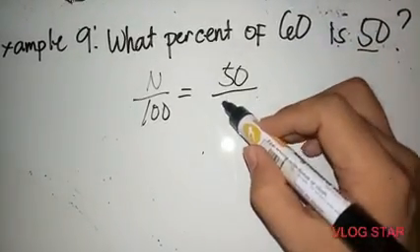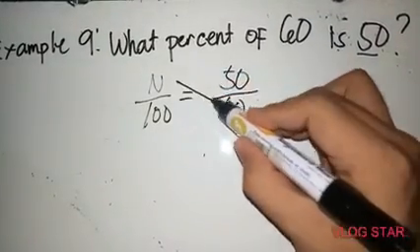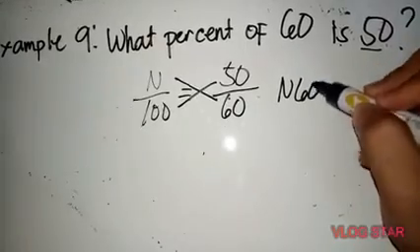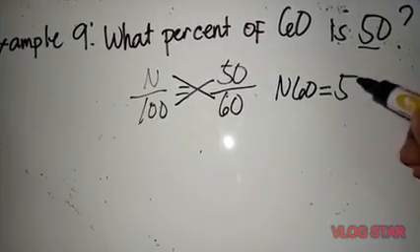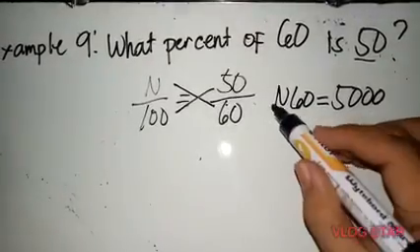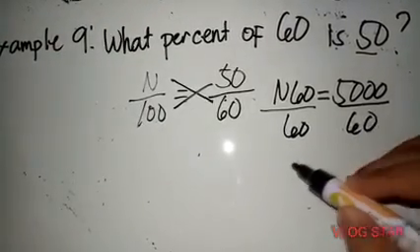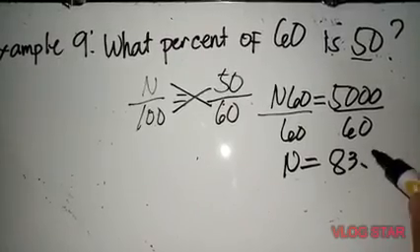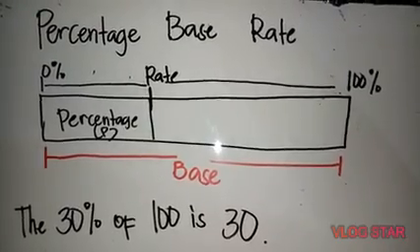And the whole number, or our base, is 60. Then just do the multiply. And 60n is equal to 5,000. Then after that, divide. N is equal to 83.333.